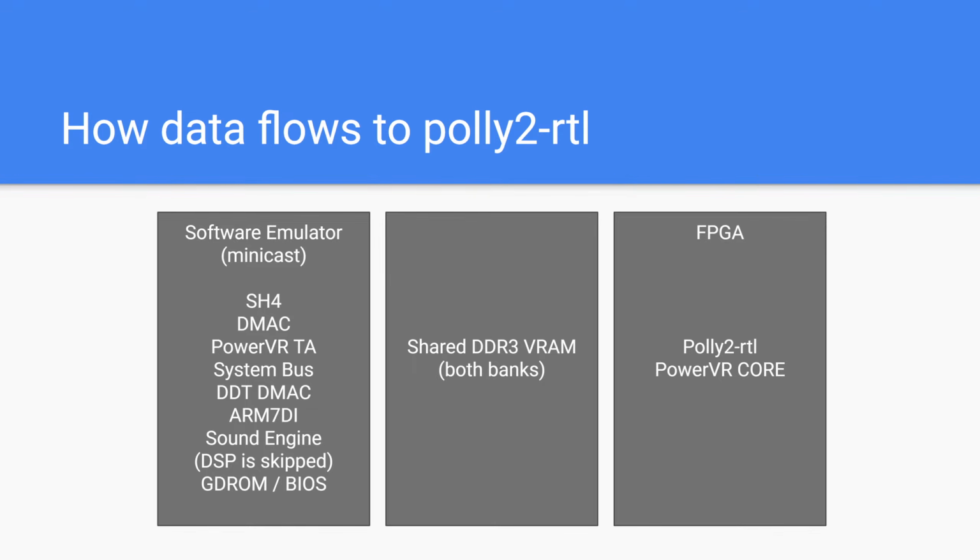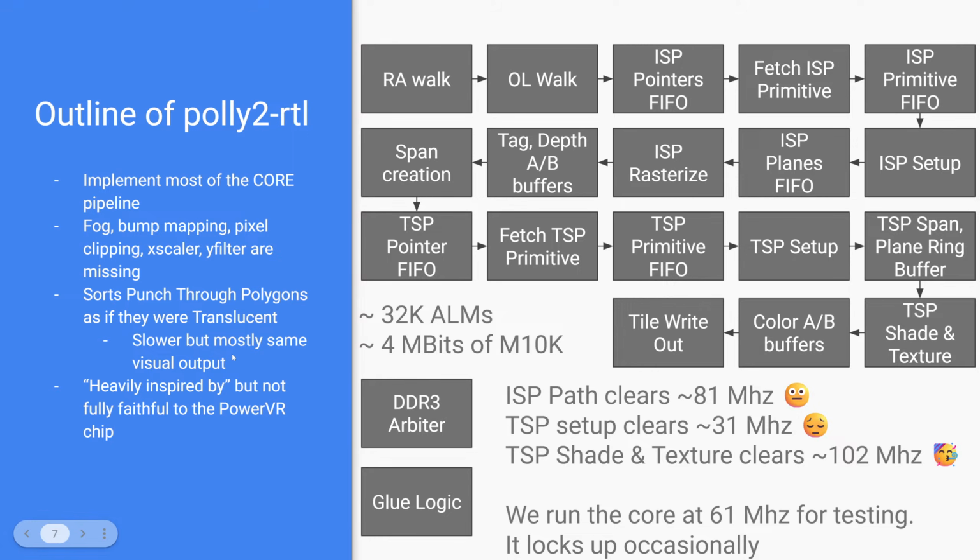In a normal Dreamcast, you have both cached and uncached mirrors of the RAM, and the tile accelerator is a chip. It's in software here, so it's a little bit tricky, but it works. Then on the FPGA, the core gets the lists that the tile accelerator has prepared, and the region array that the game has prepared. The region array is independent of the object list that the tile accelerator creates, and it renders those. So that's kind of how this works.